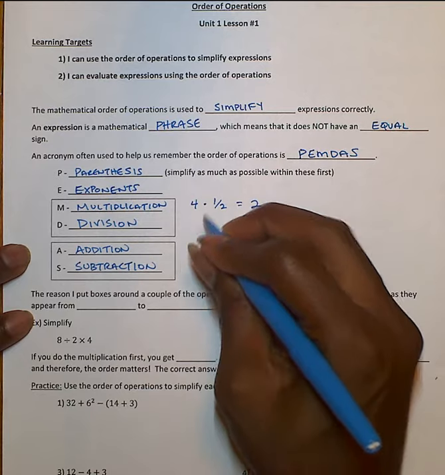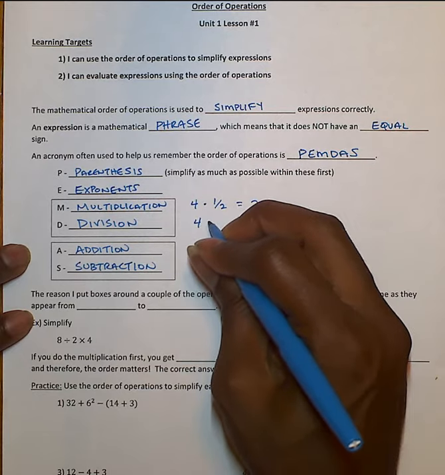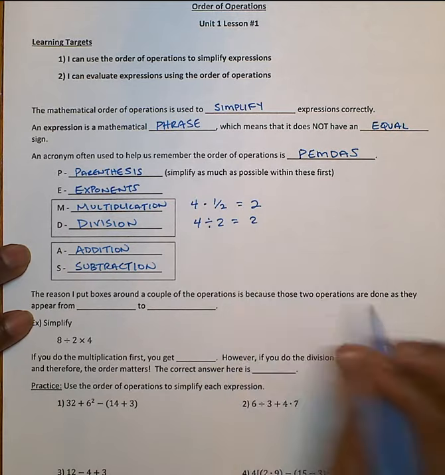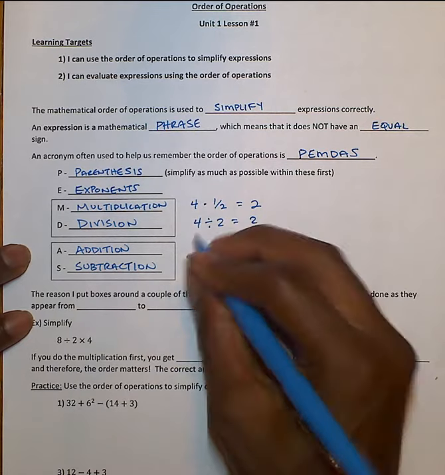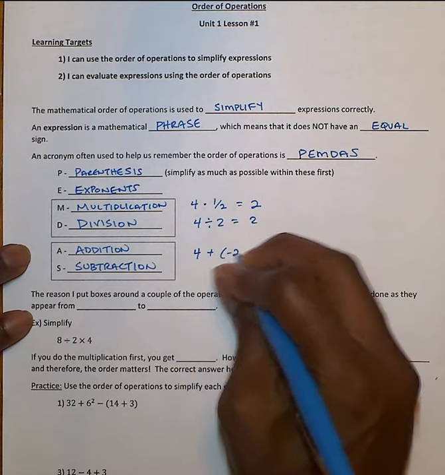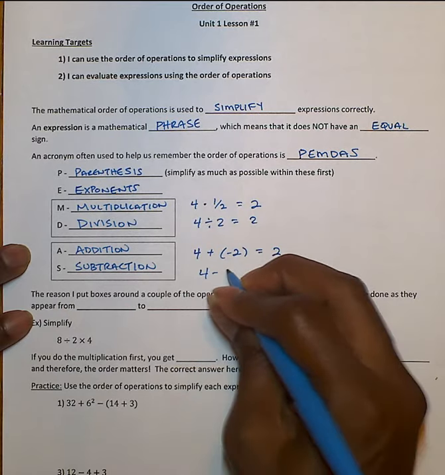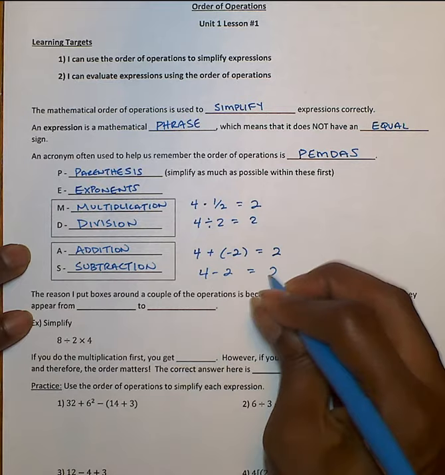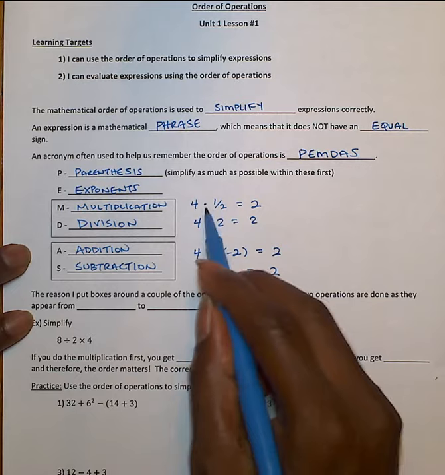If I divide 4 by 2, the answer is 2. Multiplying by 1/2 and dividing by 2 is the same thing. That's the same as if I add -2 to 4, the answer is 2. If I subtract 2 from 4, the answer is 2. So adding a negative and subtracting is the same thing, just like multiplying by a reciprocal and dividing is the same thing.